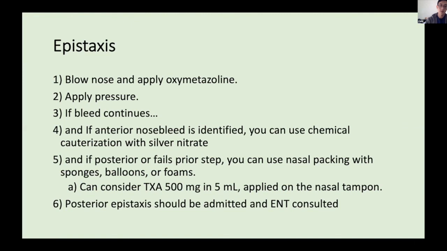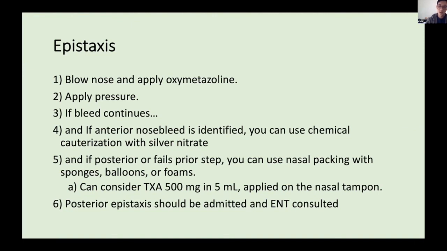So if you identify posterior epistaxis, or if the prior steps fail, you can use nasal packing with sponges, balloons, or foams. And you can consider dipping the nasal tampon in TXA and applying it to the patient.